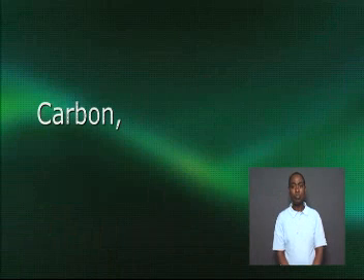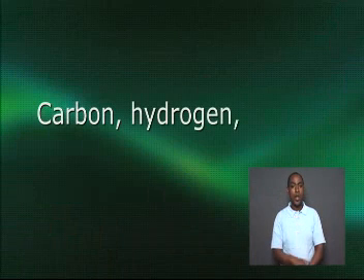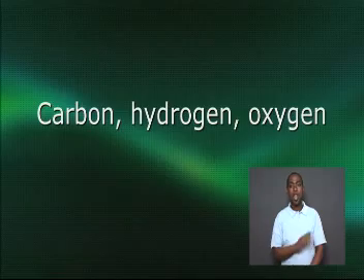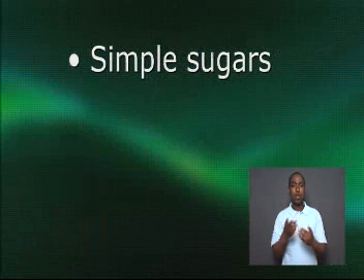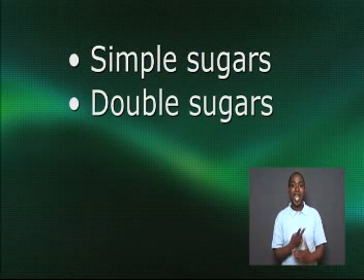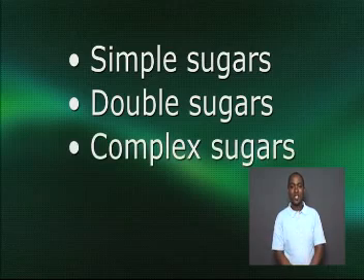The basic structure of all carbohydrates is the same. They consist of carbon, hydrogen, and oxygen, and depending on the simplicity or complexity of the structure, they fall under one of three classifications: simple sugars, double sugars, or complex sugars.